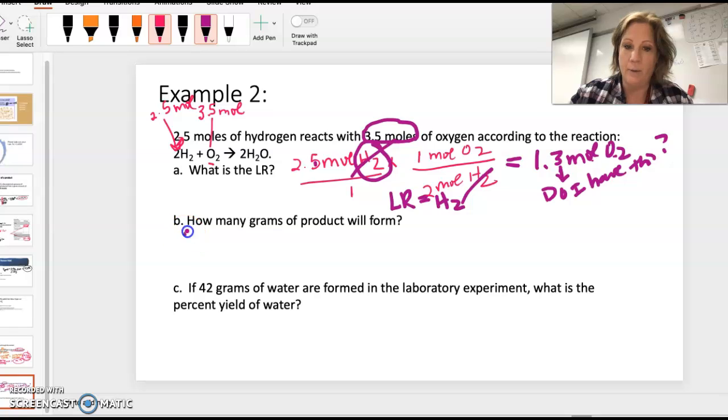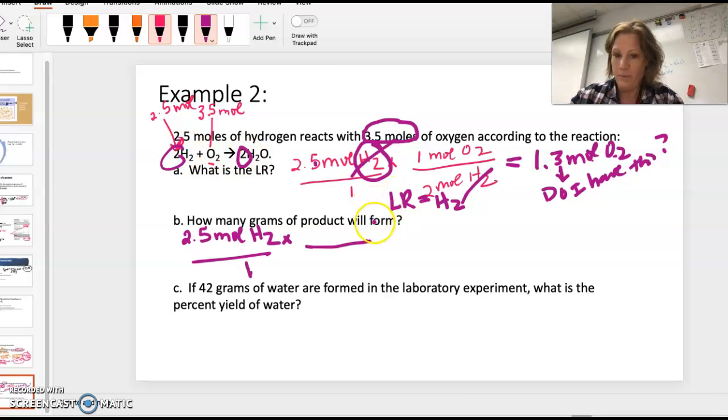So I would start with my limiting reactant, and I'm going to convert it into product. So I'm going to do a mole ratio, and it's going to be 2 to 2. So 2 moles of water over 2 moles of hydrogen.